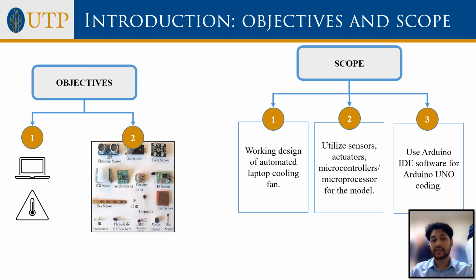Then, to build an electric circuit with components such as sensors, actuators, microcontrollers and microprocessors, such as the TMP36 temperature sensor, cooling fan, light emitting diode, which is also called LED, Arduino Uno, and resistors using an online simulator. It can be noted that in our project, we are going to use the Arduino IDE software to conduct our Arduino Uno coding.